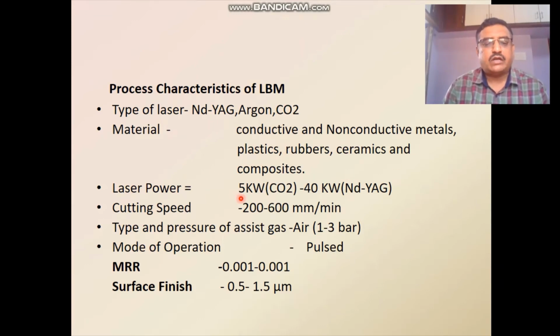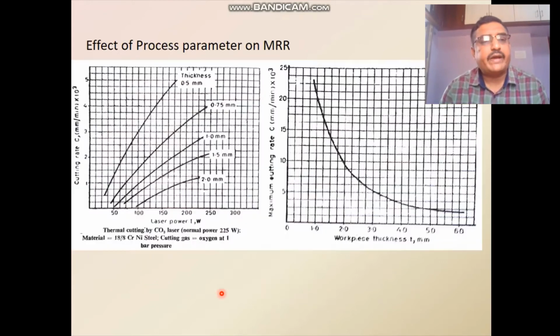Laser power consumption for CO2 laser is 5 kilowatt and for Nd:YAG up to 40 kilowatt, whereas the cutting speed is 200 to 600 mm per minute. The MRR is 0.001 to 0.1 mm cube per minute and surface finish is 0.5 to 1.5 micron.